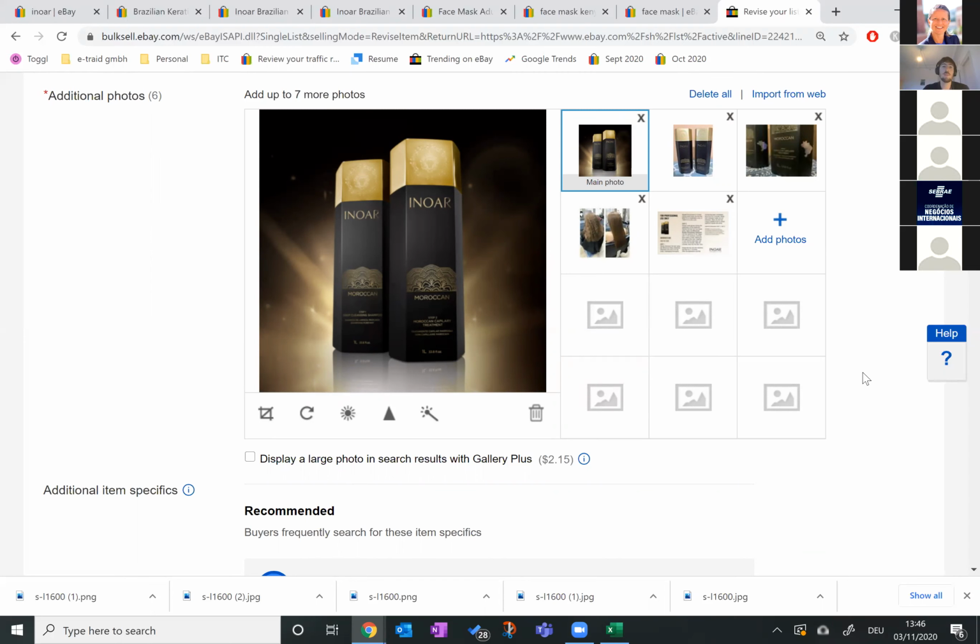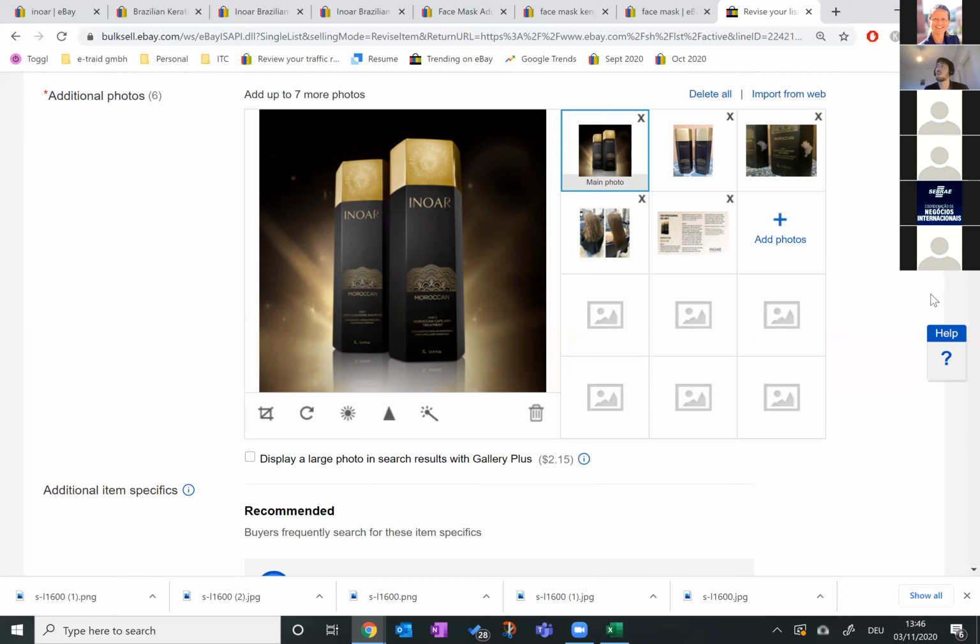If you have a bad image, people will be less likely to click on your product. So have high quality pictures, and that means on eBay it's 1600 by 1600 pixels.